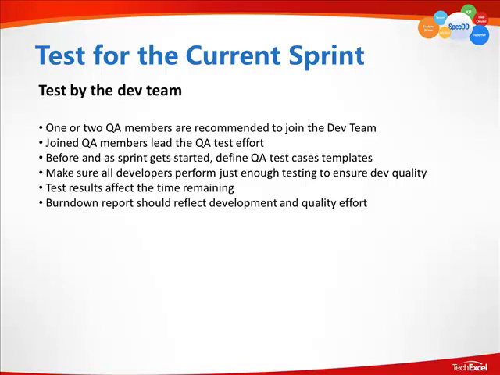But time spent here is an upfront investment. If they wait until the next cycle, when the bug finally comes back, even more time would be wasted. So it's better to spend the time now, get it right, instead of having to do it multiple times. And lastly, the burn down report should reflect the development and the quality effort.